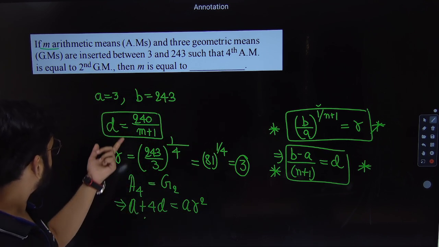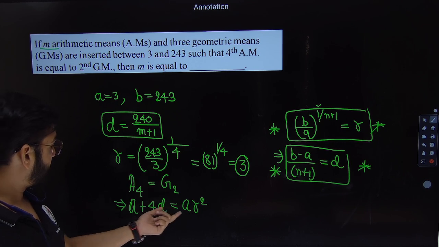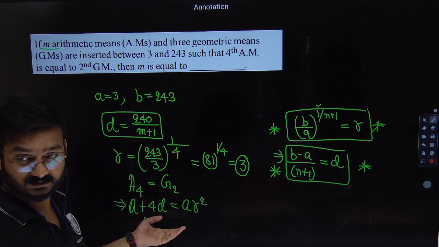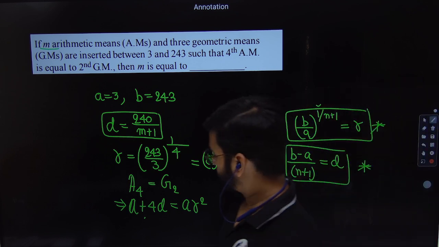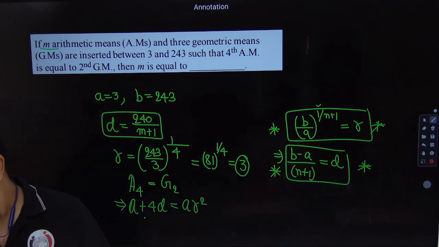You know everything, right? D is known, R is known, A is known. So the only unknown will be M. Solve it. Substitute the values.